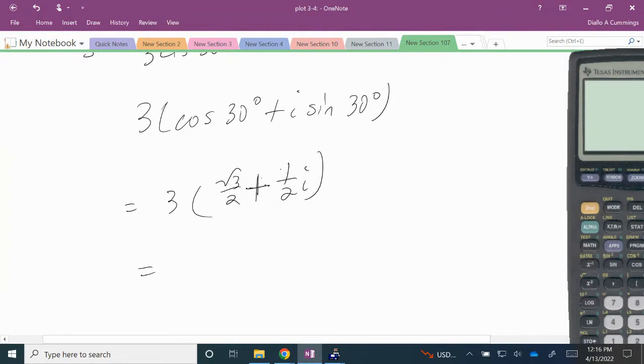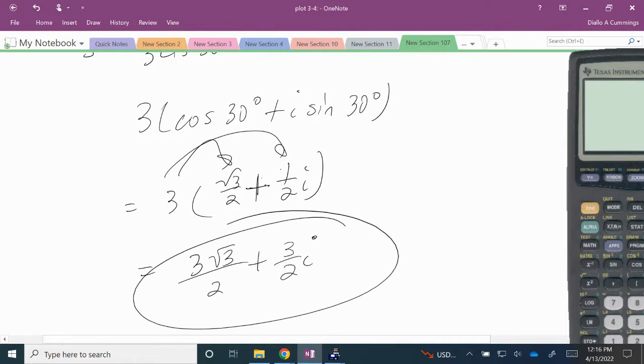Now I'm going to distribute the 3. So we have 3 square root of 3 over 2 plus 3/2 i, as our number in complex form.